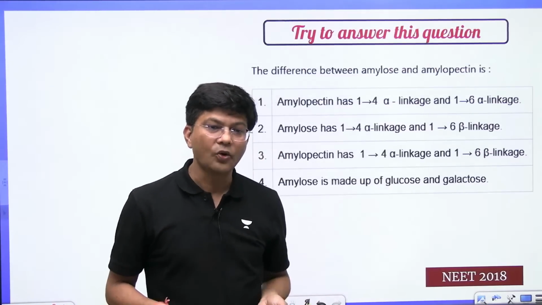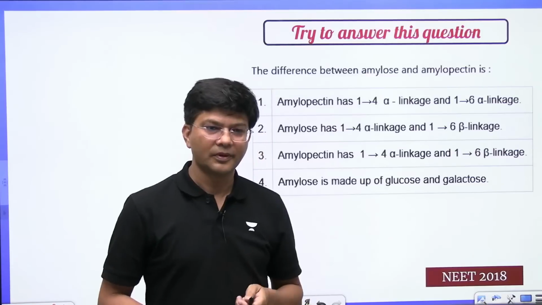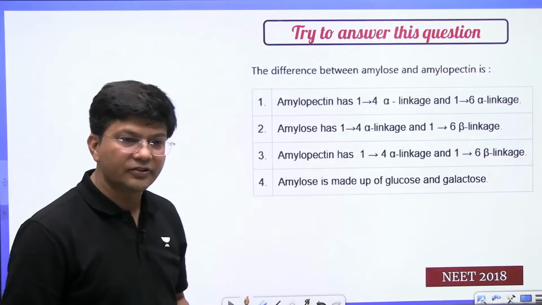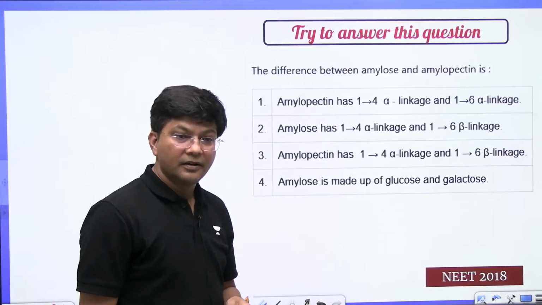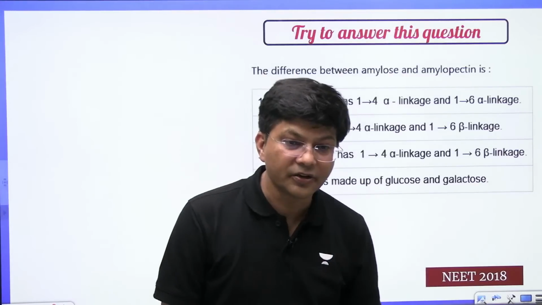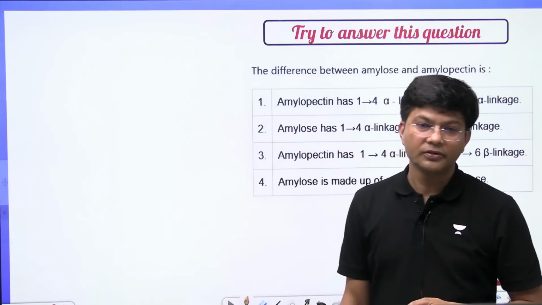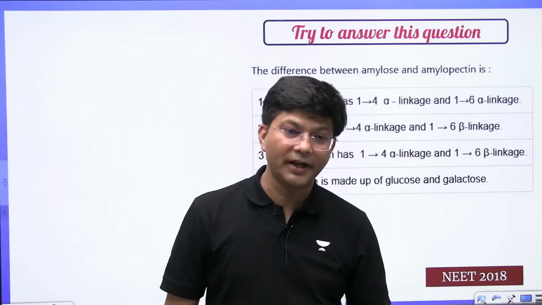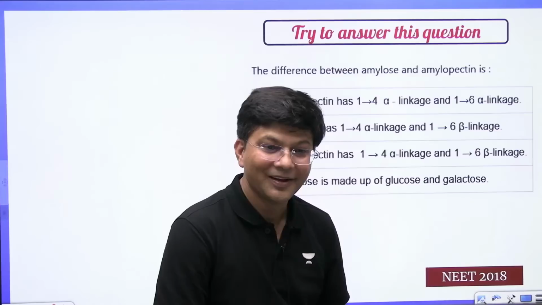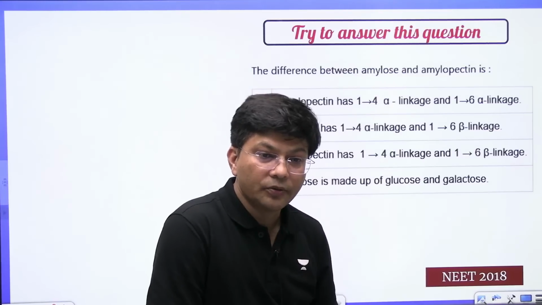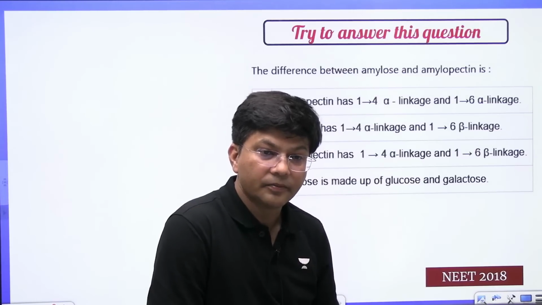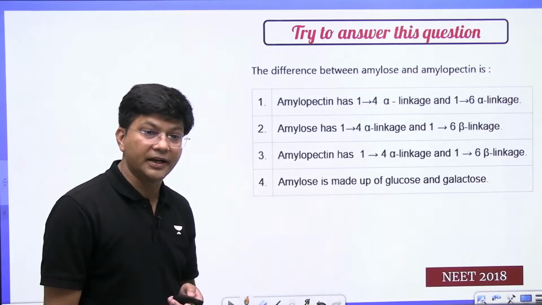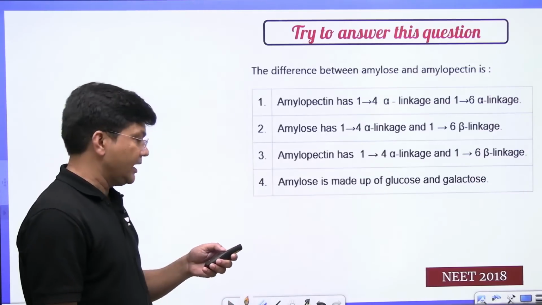Just try to find out what's the correct answer. Nilofer is writing C. Christian Rajant is writing alpha D glucose. Everyone is writing 1 A.